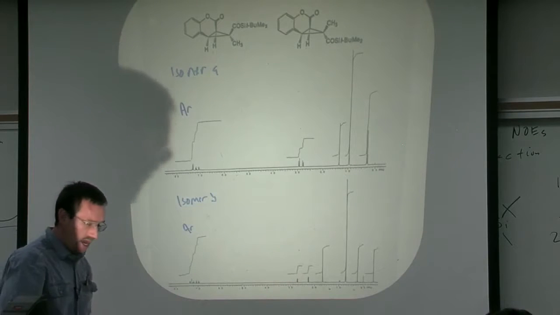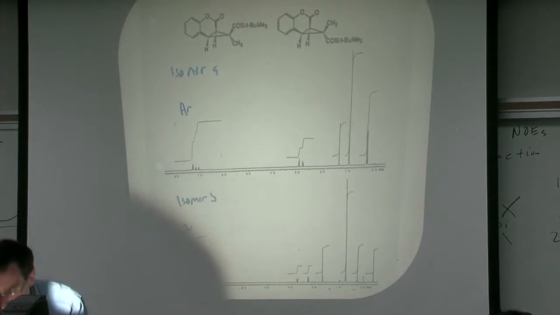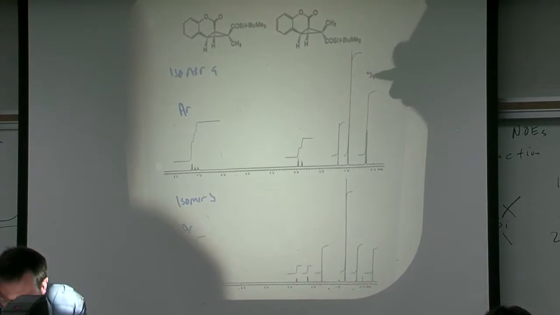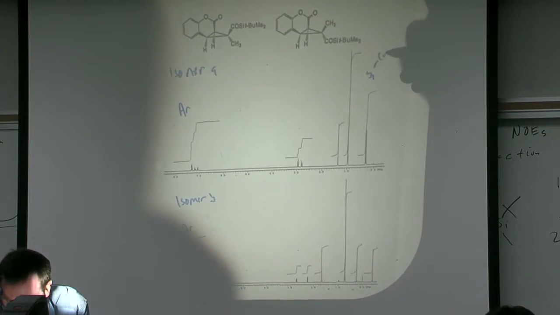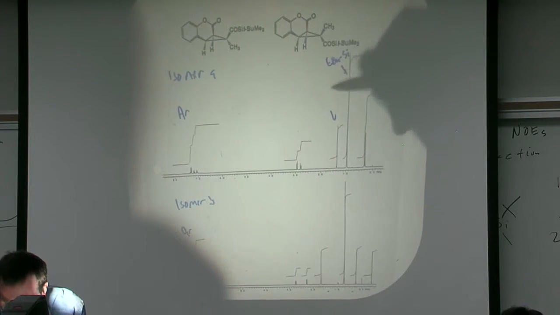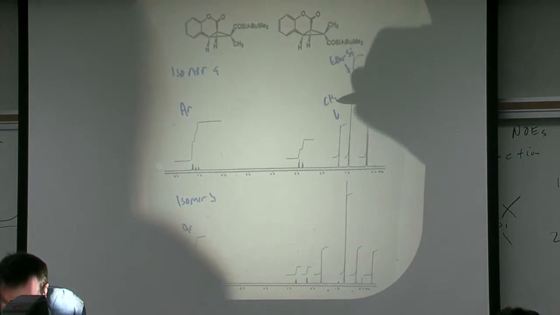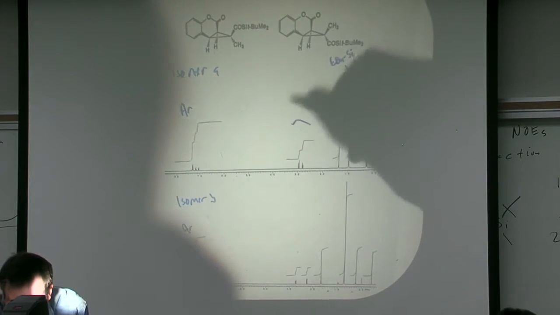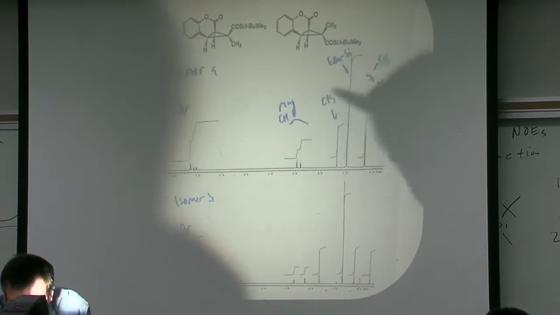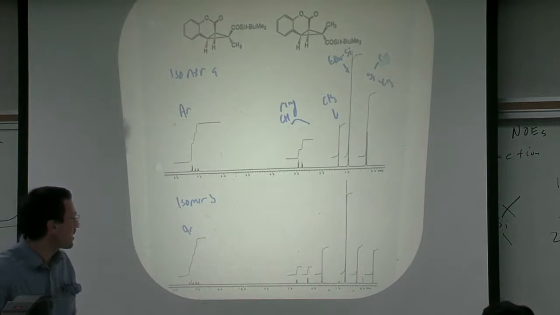The region over here is our methyl groups on our silicon. Here's our tert-butyl on the silicon. Here's our isolated methyl group, and these are the ring protons on the cyclopropane ring.